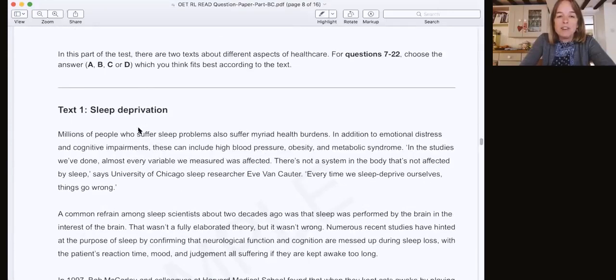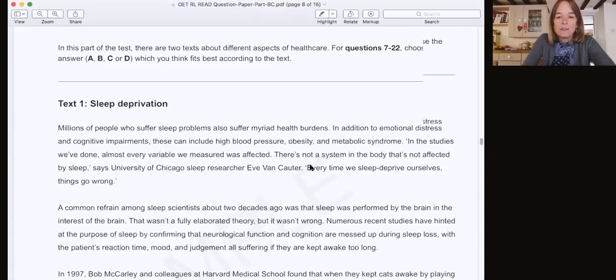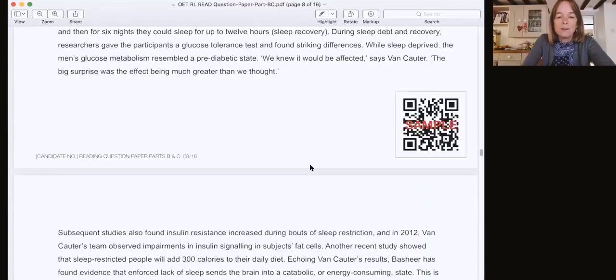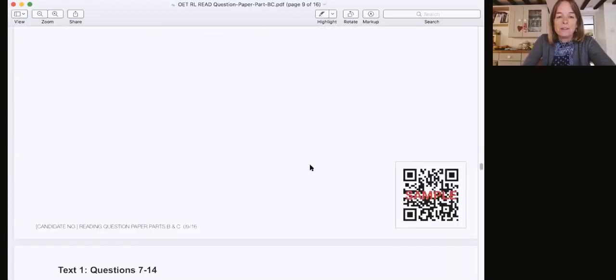Obviously, it's generally talking about sleep deprivation. It's talking about emotional distress and specific things that can be impaired by sleep deprivation, including high blood pressure, obesity, and metabolic syndrome. If we now go to the questions.